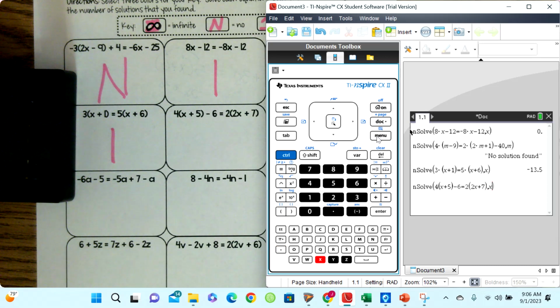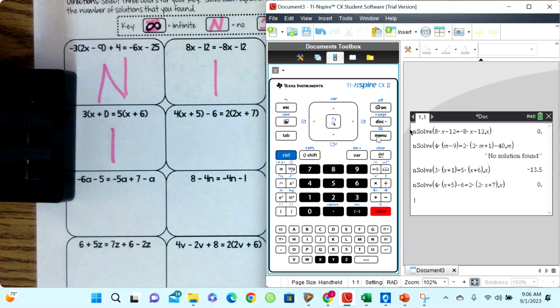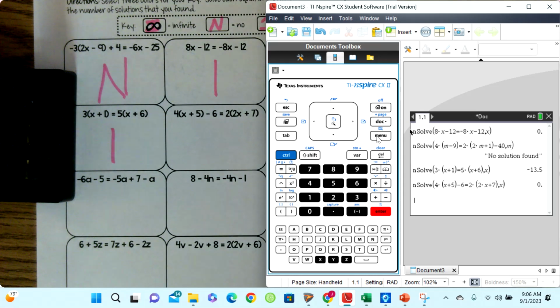Okay, so comma x. Infinite solutions is giving me a 0 on this one, and it shouldn't be. What does y'all show? Because again, I'm using a different software than I normally do. Because it should give you something really wonky. So let's see what happens when I do it on here.